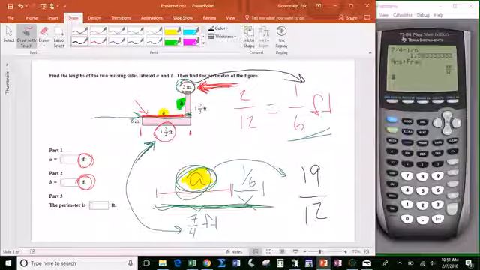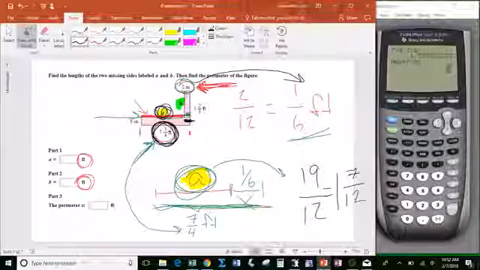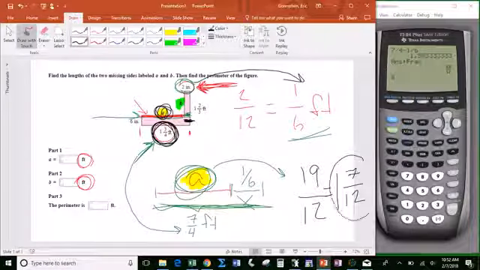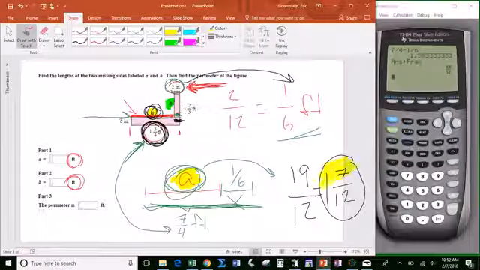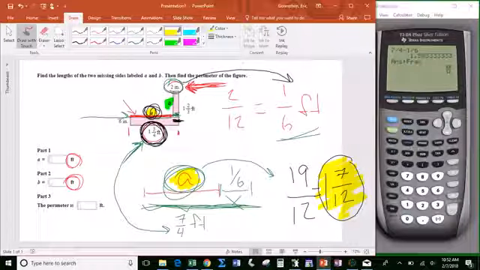We took the total length minus this little 1/6 of a foot here, and that gave us A. This 19 over 12, maybe we'll convert that to 1 and 7/12. I think that should do it for length A.